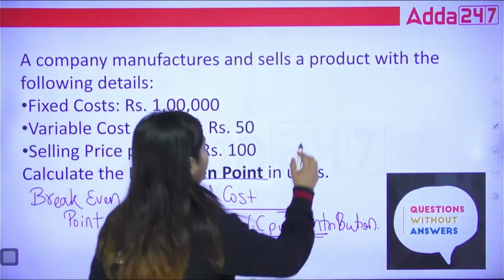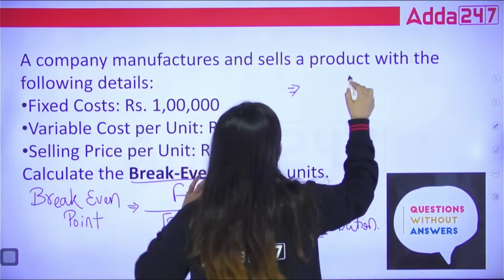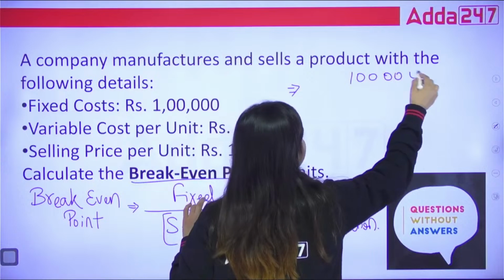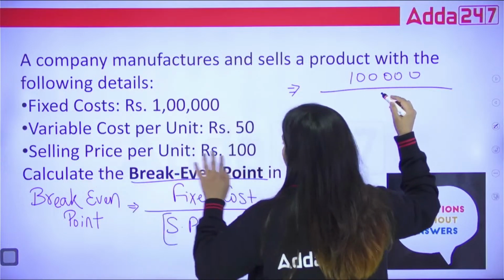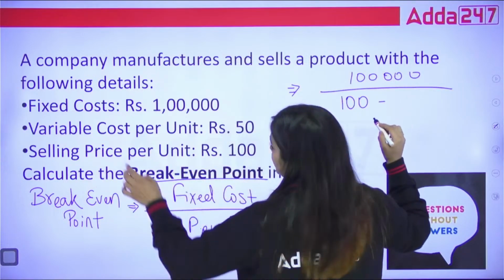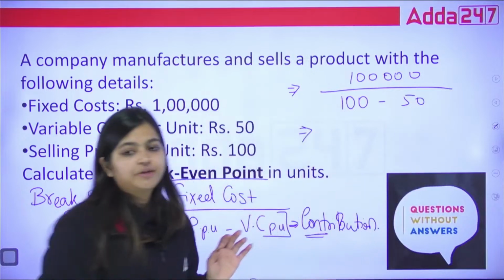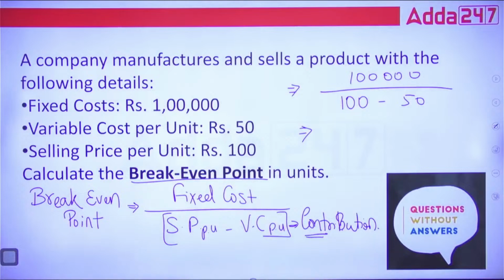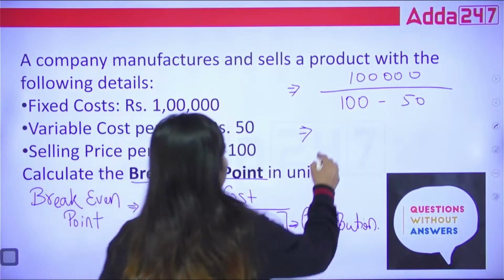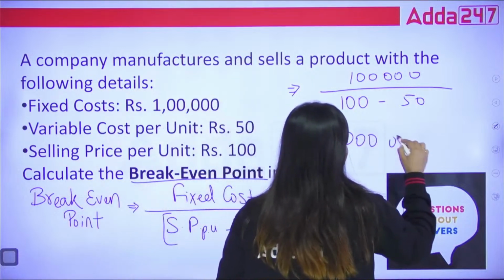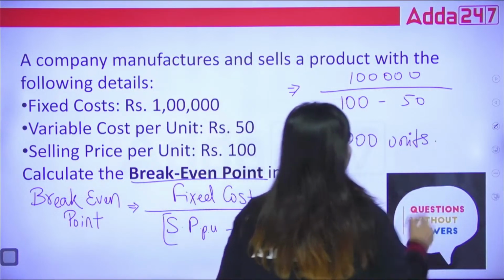So with this, let's calculate the break-even point. Fixed cost is 1 lakh, selling price per unit is 100, variable cost per unit is 50. So 1 lakh divided by 50. And remember, this is a without-options question. The correct answer is 2000 units.